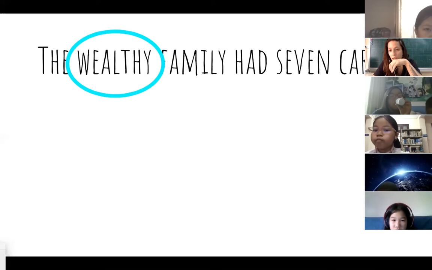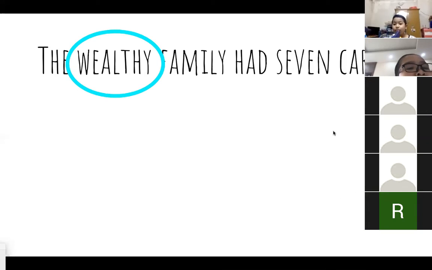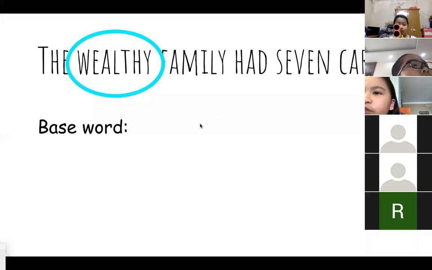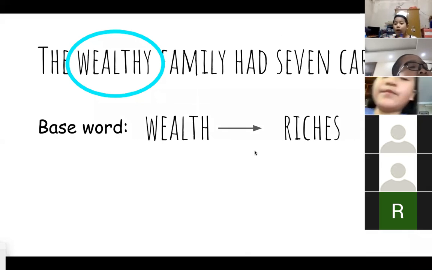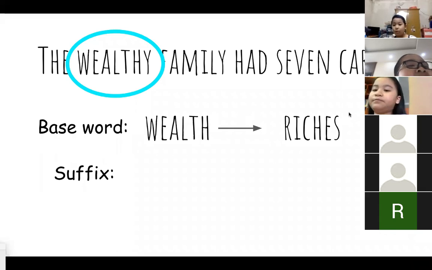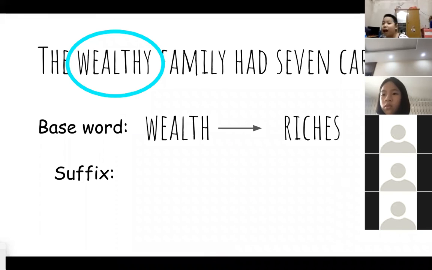So what is our root word of the word wealthy? Wealth. Okay, so our base word or root word is wealth. And wealth means to have riches. When you have wealth, you have riches or money or gold. You have many things. What is our suffix? Sky, what's the suffix? Do you see the circled word here?